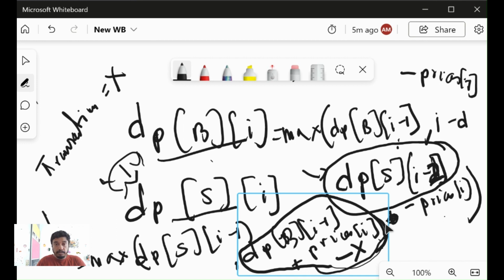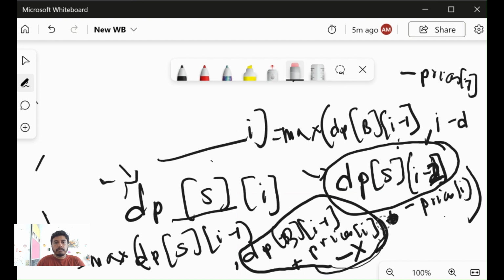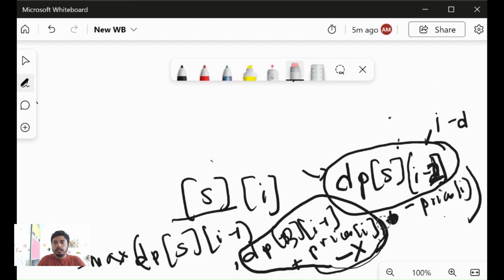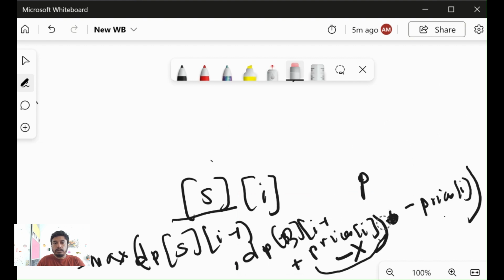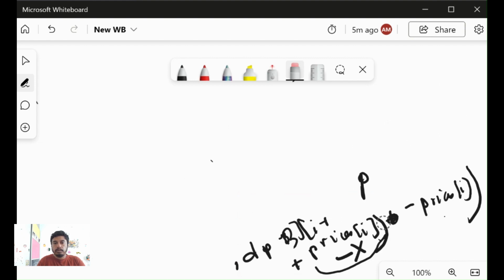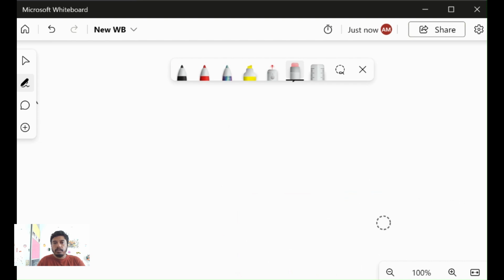Let me clear the screen first. Okay, it's almost clear. So now my problem statement asks that I can do at most k transactions.